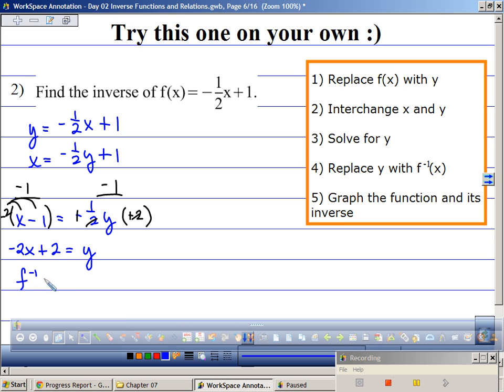Or my inverse function of x equals negative 2x plus 2. Questions on that part? Everybody okay?